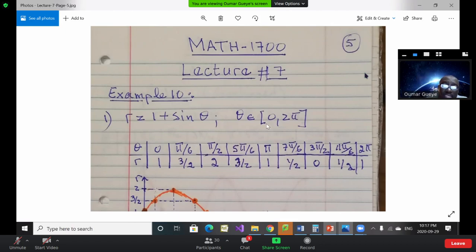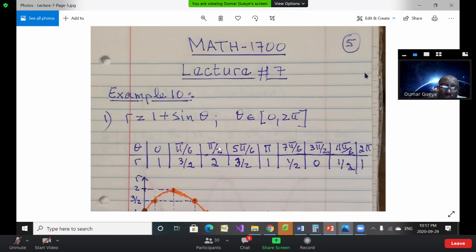Okay, and when theta equals 0, when you substitute here in the equation of r, we get 1 plus sine of 0, and since the sine of 0 equals 0, r is going to be only 1. And at pi by 6, the sine is equal to 1 over 2, plus 1 is going to be 3 by 2.